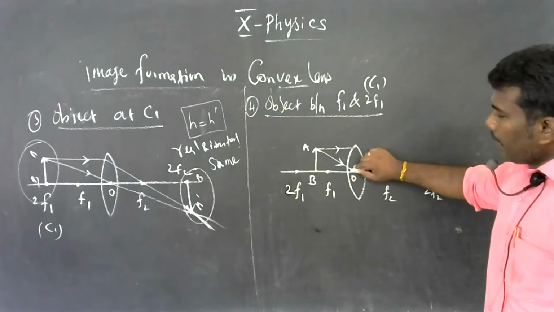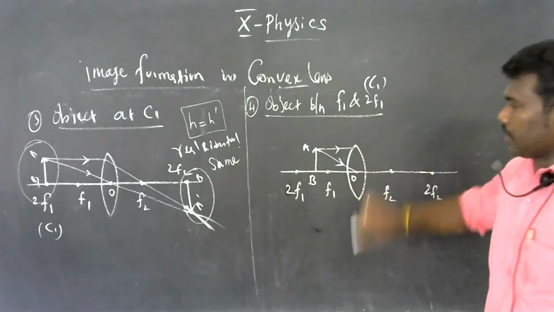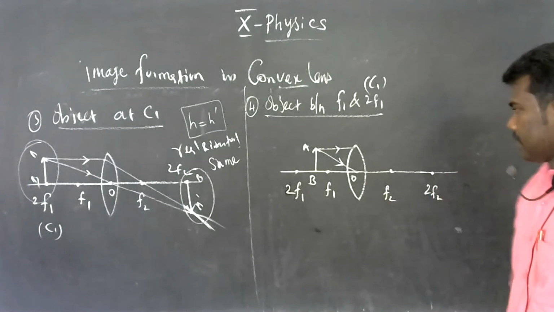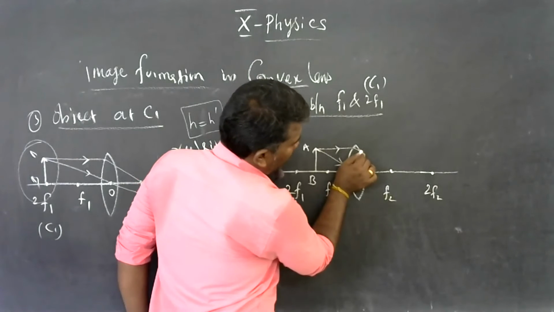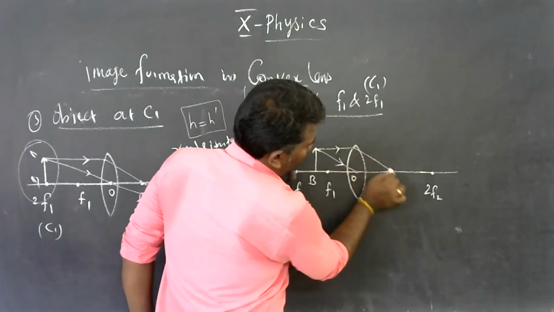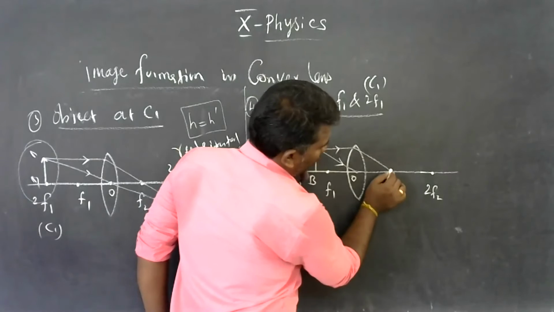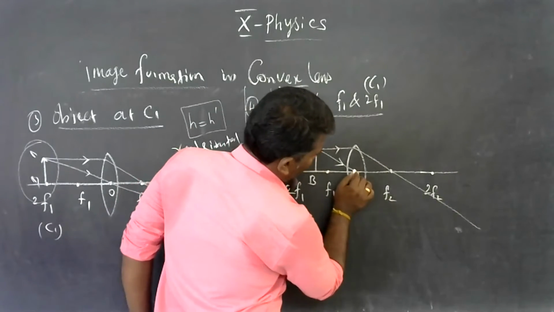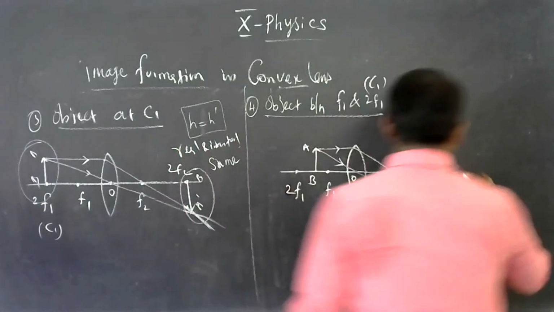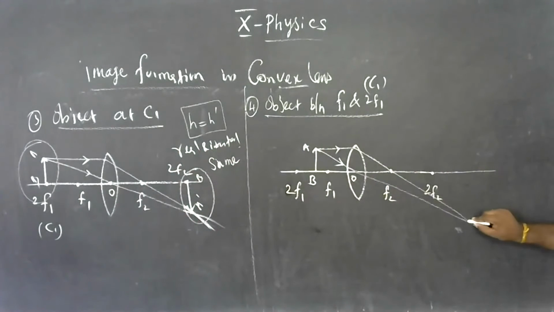Now these parallel rays, after refraction, pass through the point F2. The two refracted rays will meet at the point I1. So at this point, we are getting the image.